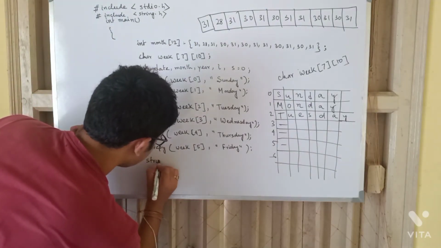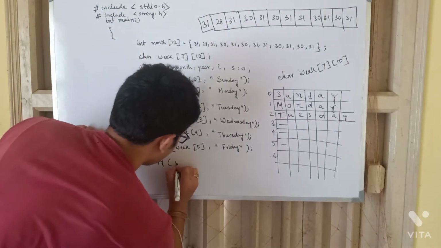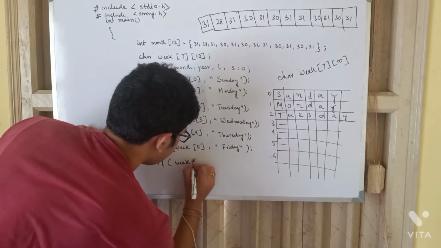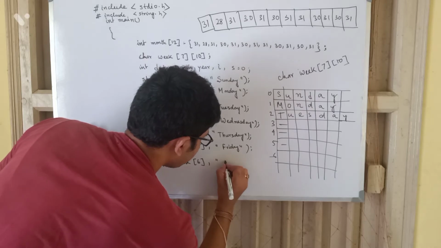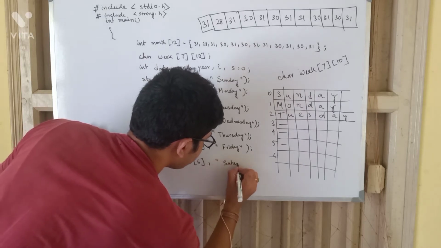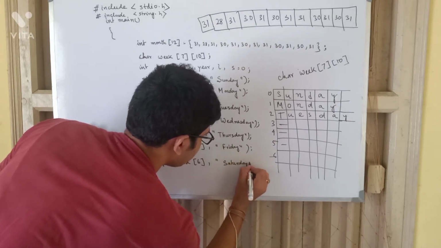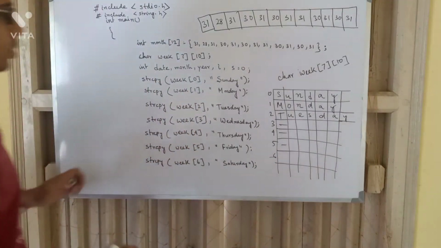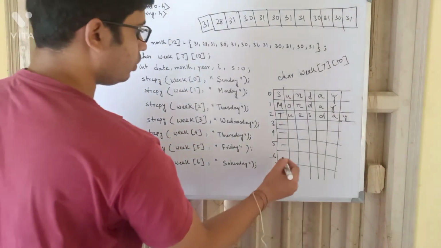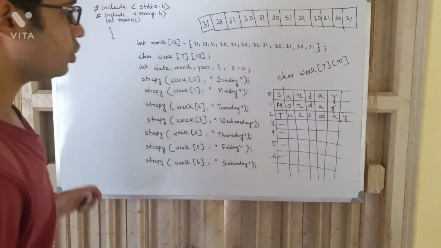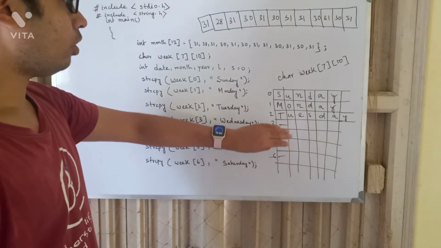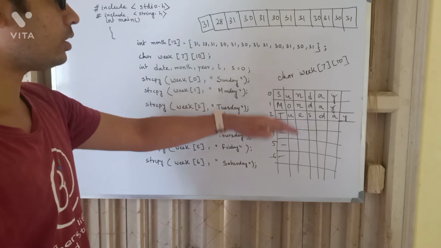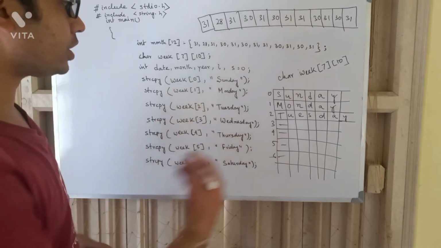strcpy week 6 Saturday. Saturday will be copied to this location. So the entire two-dimensional array is created, and all the things are copied to each of the locations.